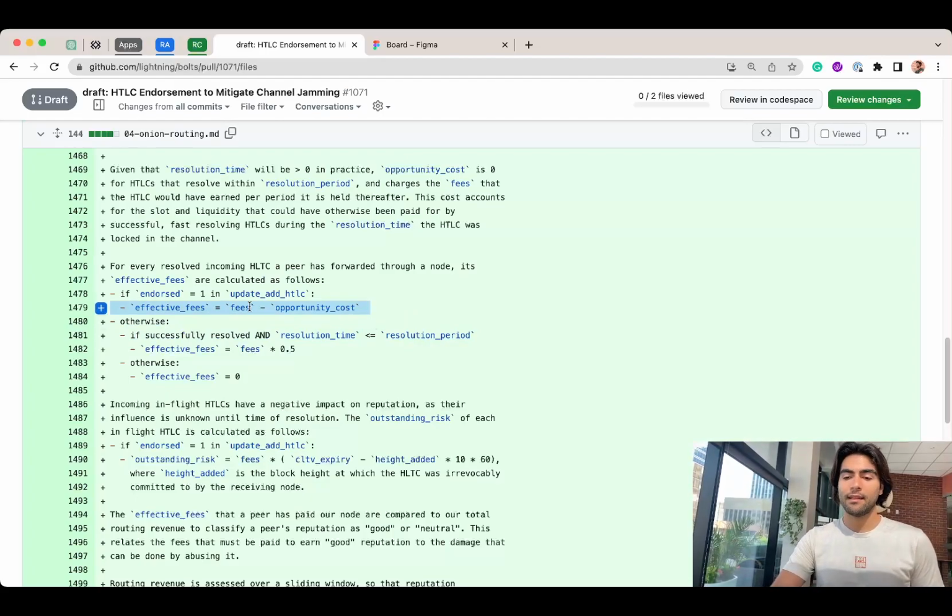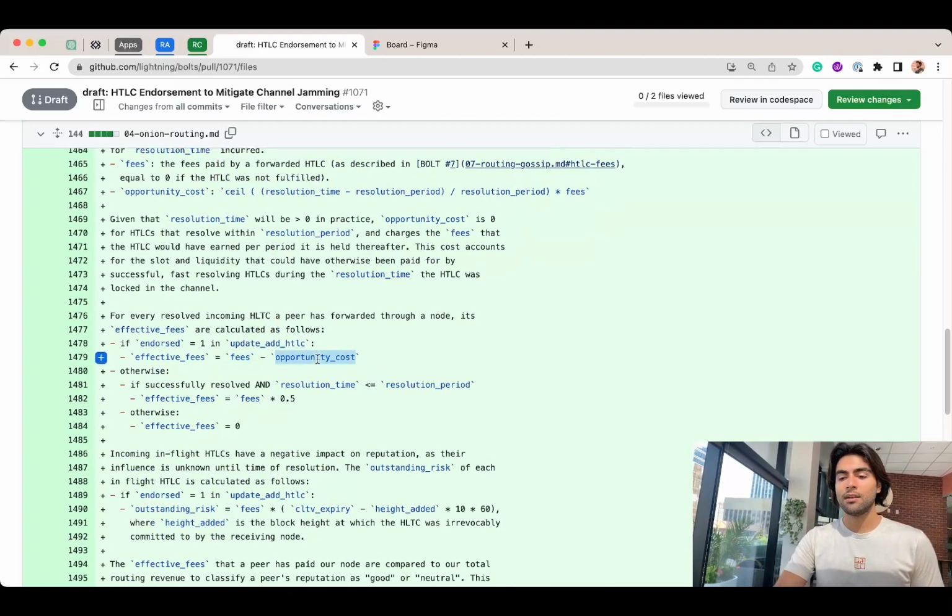So if you're paying me some amount of fees and you're not costing me any opportunity cost, so the payment resolves in less than the resolution period, then I'm just gonna add the fees to your reputation. But if there is an opportunity cost, if the payment took longer than I expected, then I would set the effective fees to 0 or even a negative number.